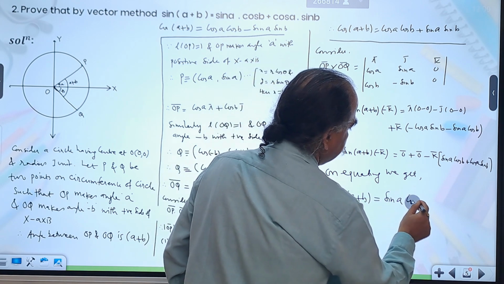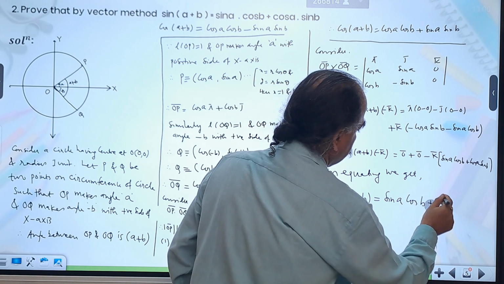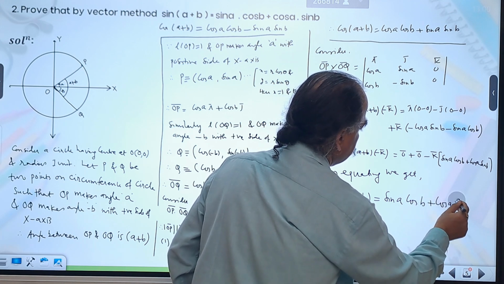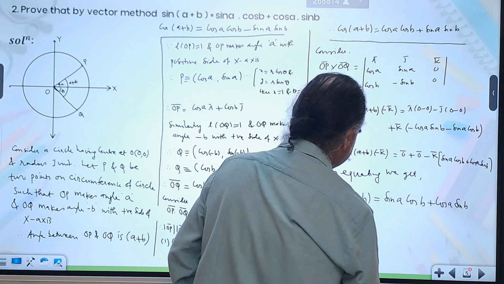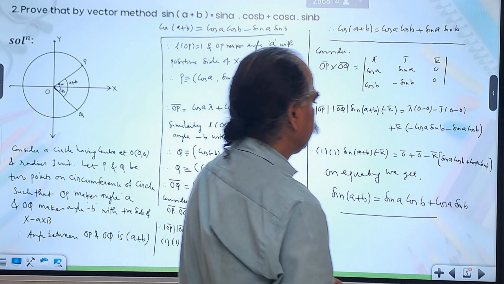Sin A cos B plus cos A sin B. This is what is required.